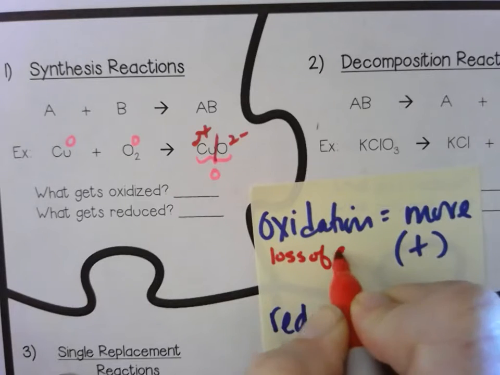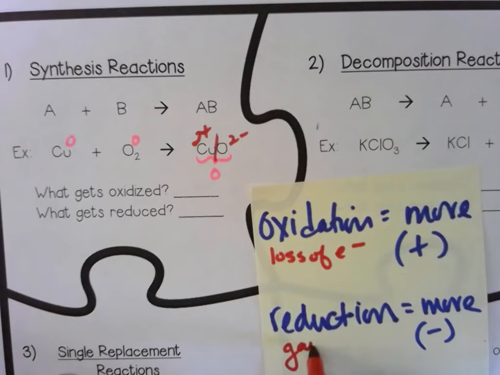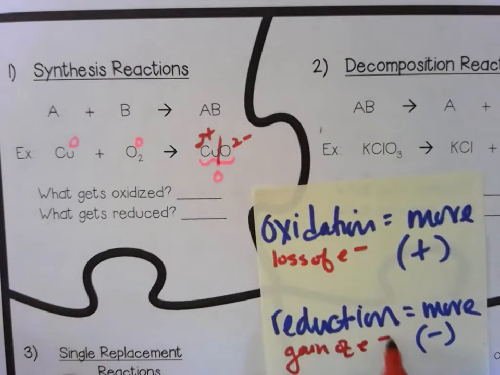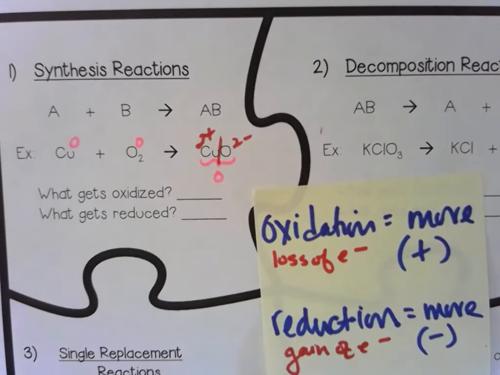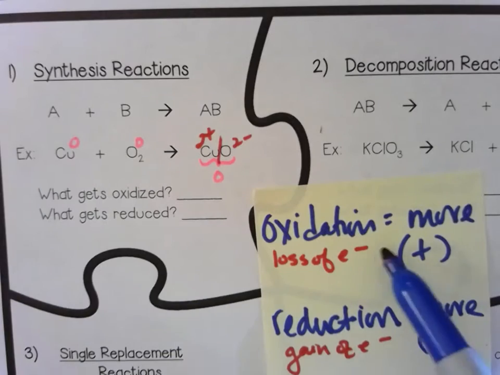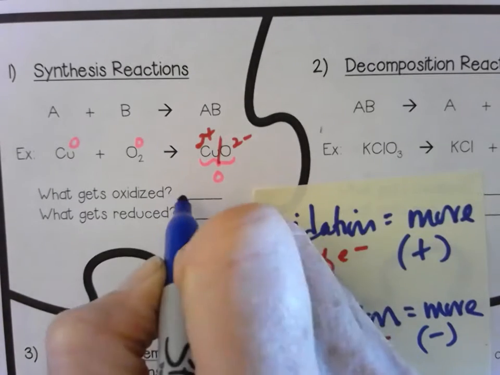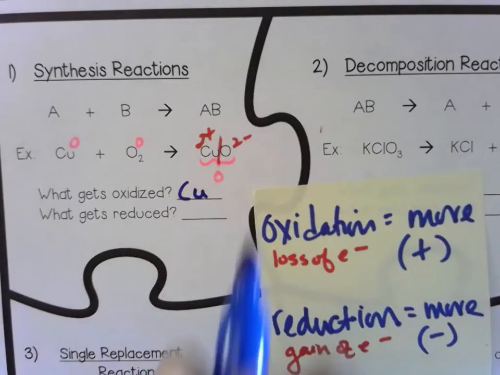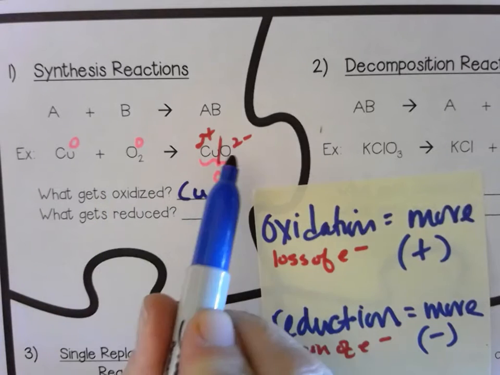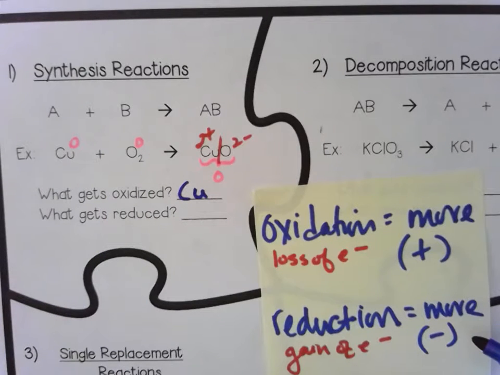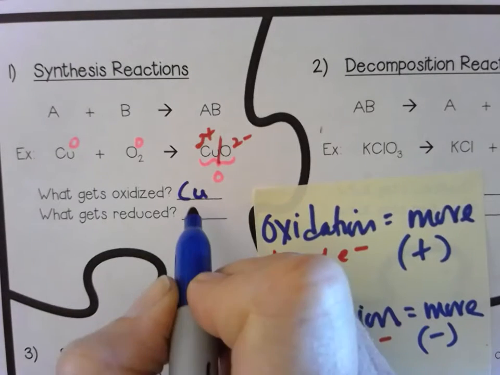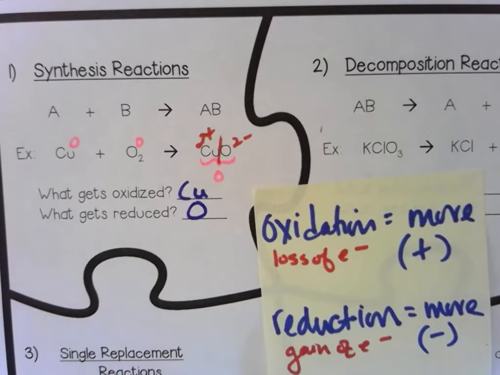Reduction is gain. So because copper became more positive, it was oxidized. And oxygen went from 0 to -2. It became more negative, therefore it was reduced. And I'm going to write O here. So that is for a synthesis reaction.